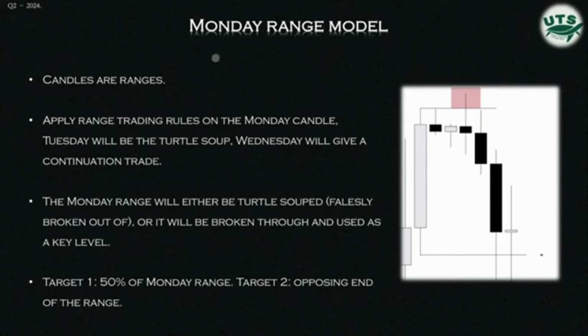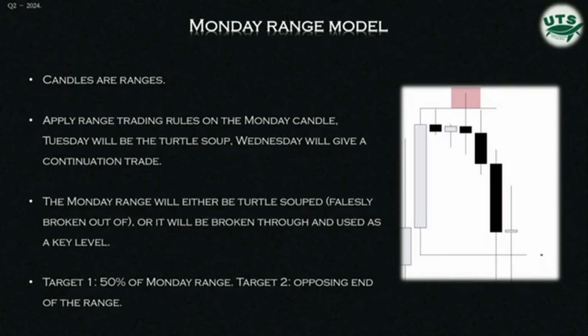When trading the Monday range model, apply range trading rules on the Monday candle. So Monday, accumulation. Tuesday, turtle soup. Wednesday, continuation. The Monday range is either going to be turtle souped, falsely broken out of, or it will be broken through and used as a key level.